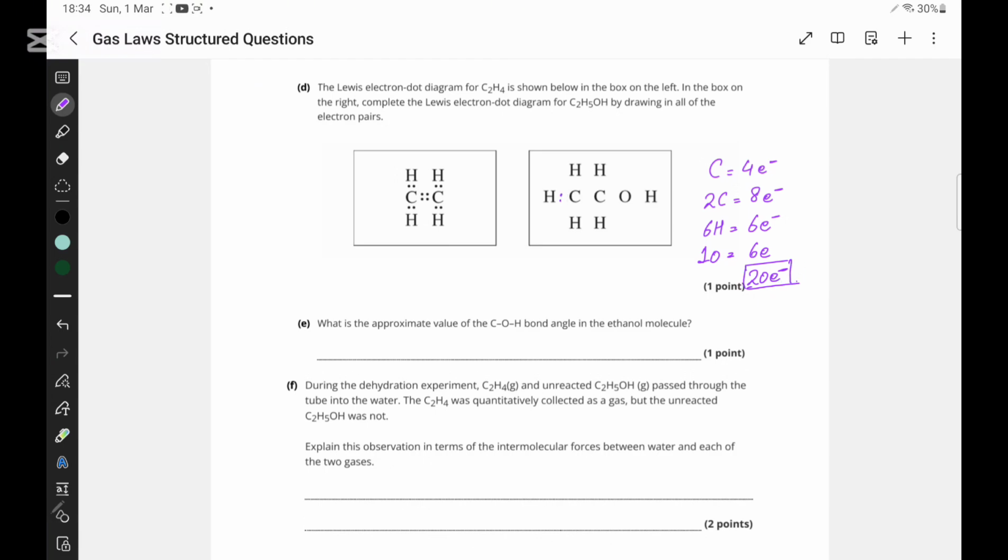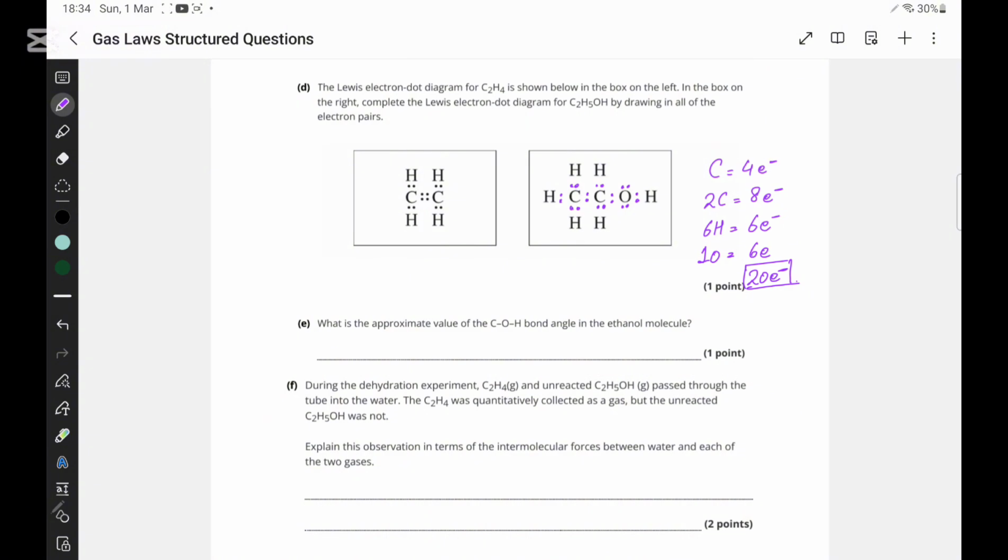First draw the bonding pairs, and this is going to be the Lewis diagram for this one.